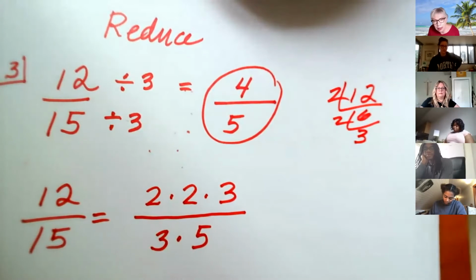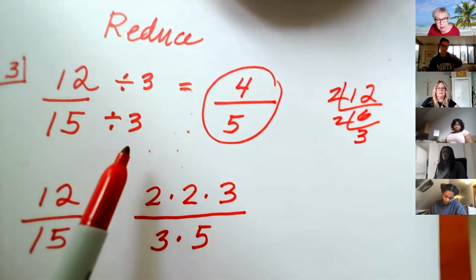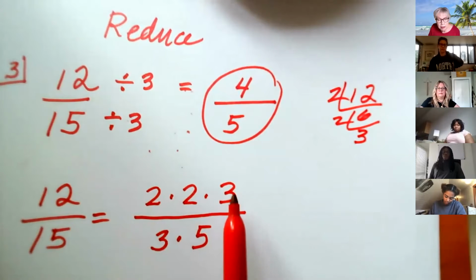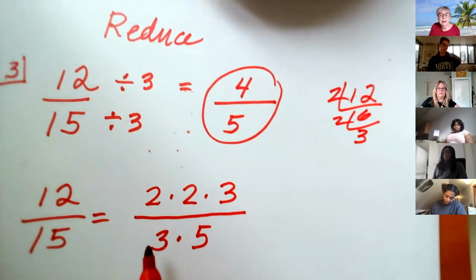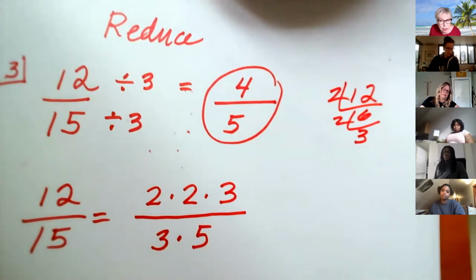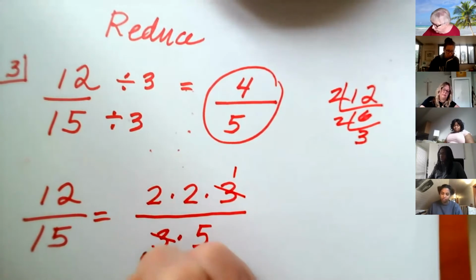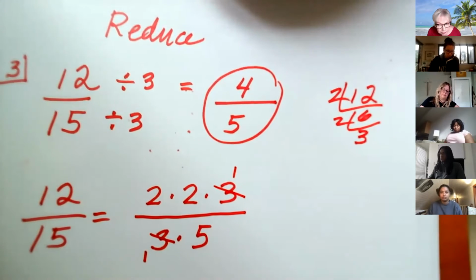But this is why this canceling or dividing by the same number worked, because we have a 3 in the numerator and a 3 in the denominator. And 3 over 3 is just equal to 1. It doesn't change the answer, the result of this. And so this is why I can actually do that canceling.